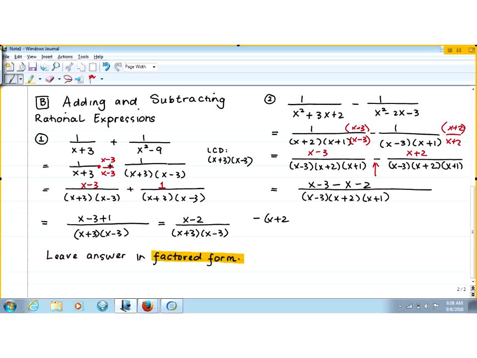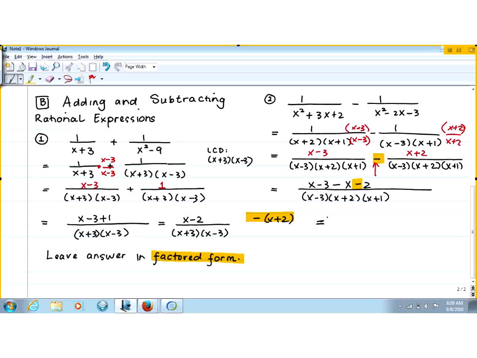So it is negative of x plus 2. So be careful, this is negative. So this negative applies to both x plus 2. So it's negative x plus 2. That's why you have negative x minus 2.